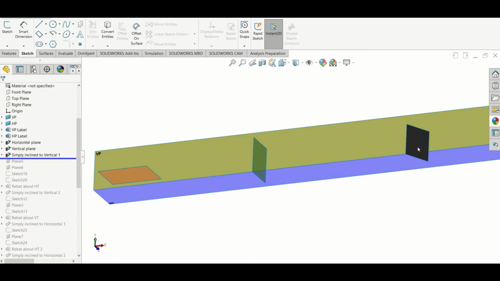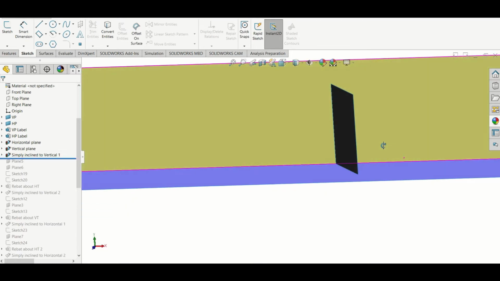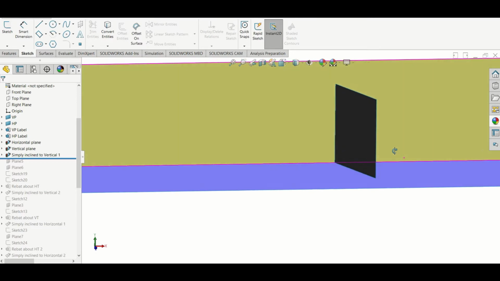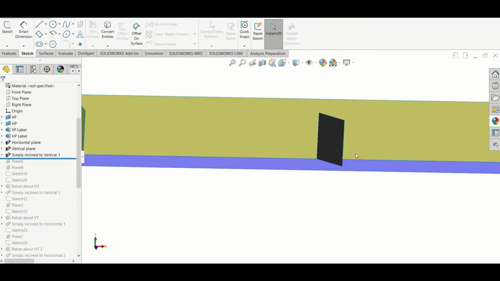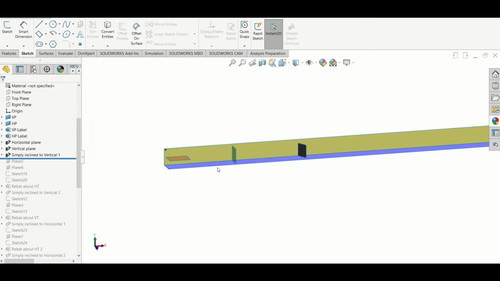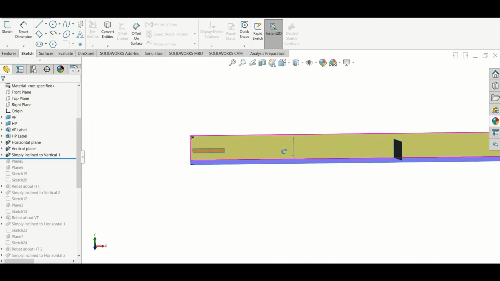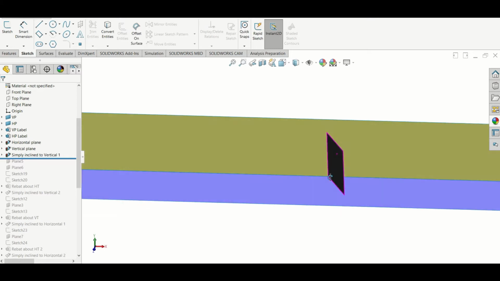So we'll move on to one more here, which is called a simply inclined plane. What the term simply inclined means, unlike the previous two, which were very basic, where one stood at 90 degrees to the vertical, parallel to the horizontal, and the other was perpendicular to both planes, is that this one just makes an angle with one of the planes.